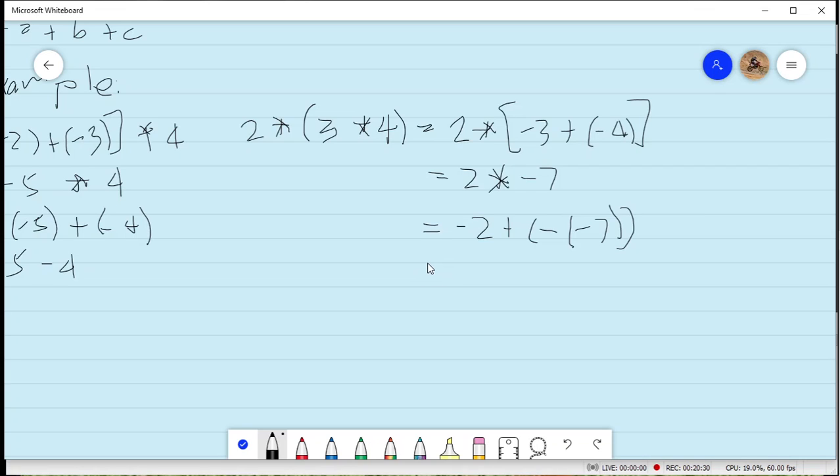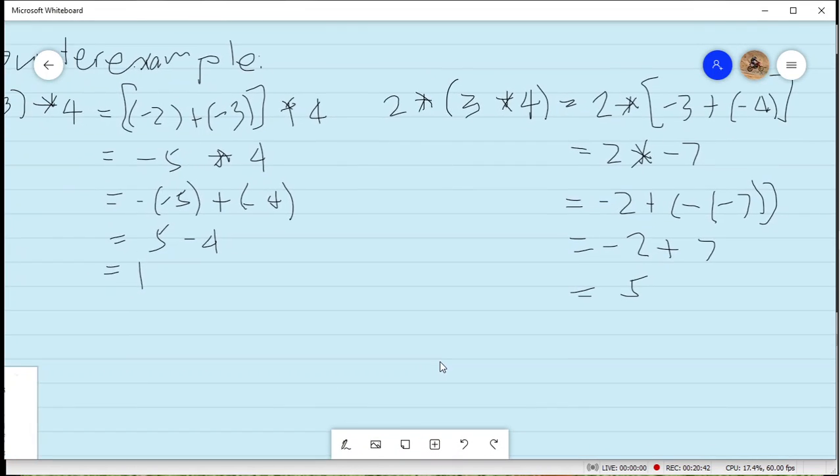But this will just be negative 2 plus 7, or that will give us 5. So we see that the two expressions are not equal.